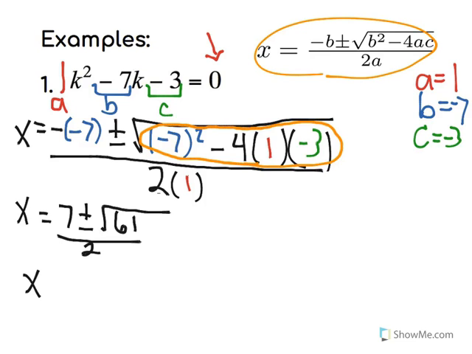So then the next thing we're going to do is take the square root of 61. So you have 7 plus or minus. Now the square root of 61 is 7.8. And then divided by 2. So this is where we now create two different equations to solve.